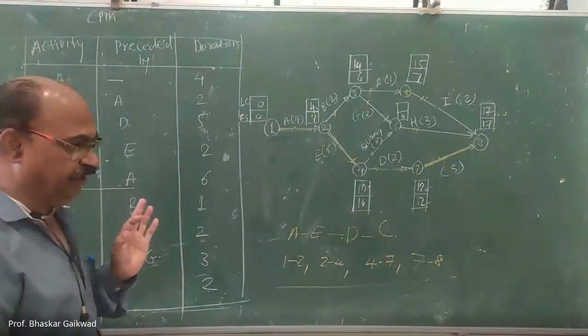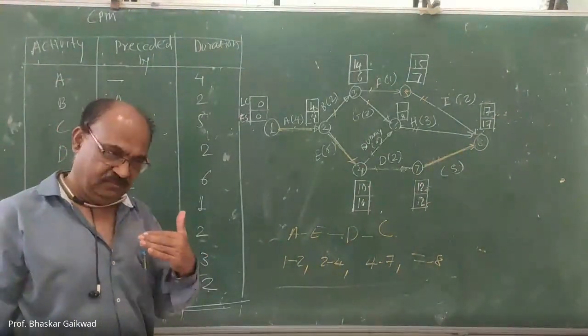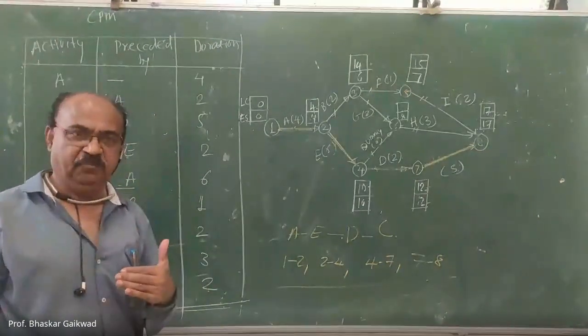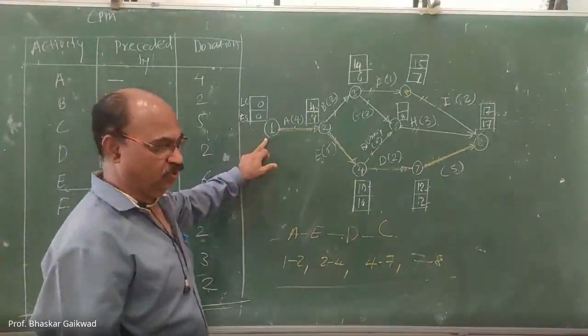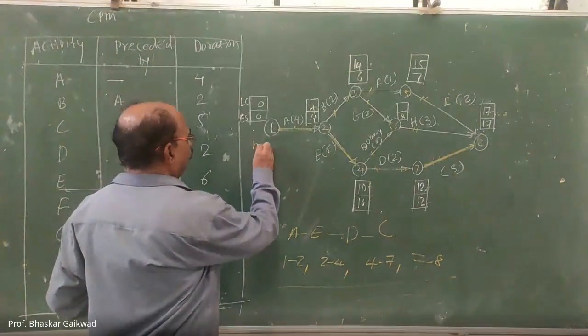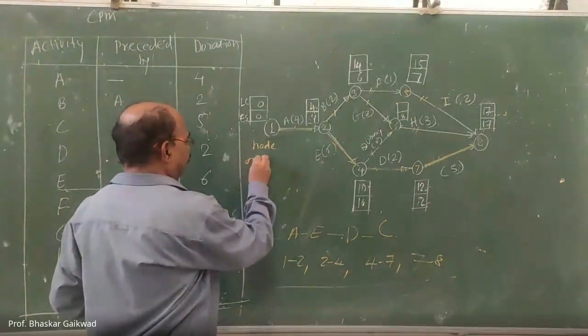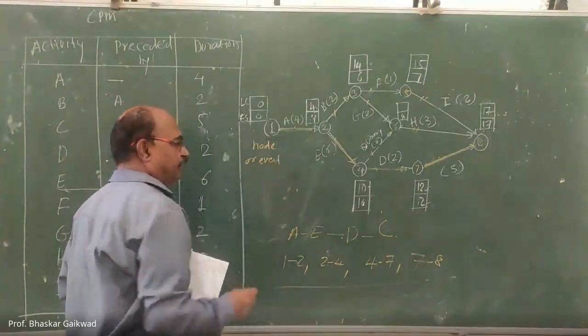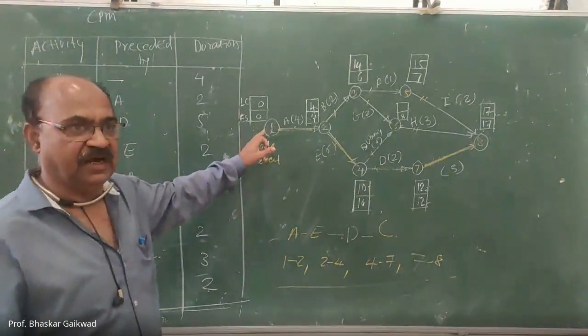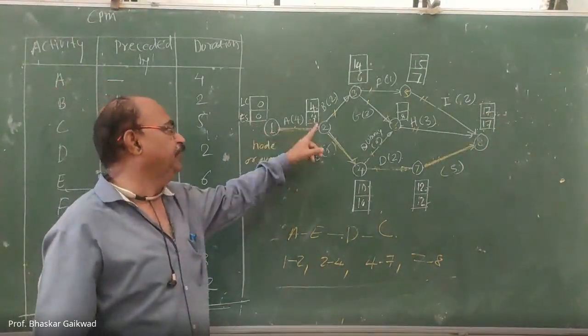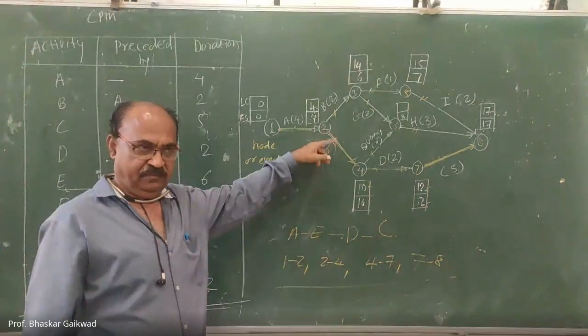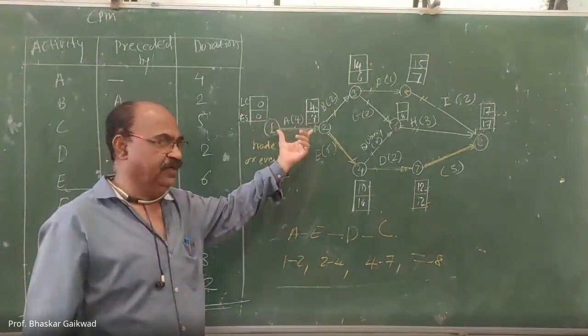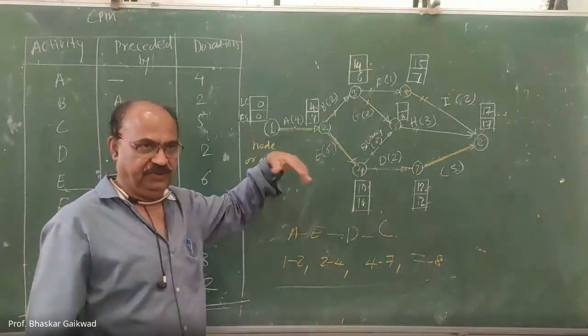And activity will start from any point. That point is called node, or event, where the activity will start, and after finishing that given task, the activity will end.